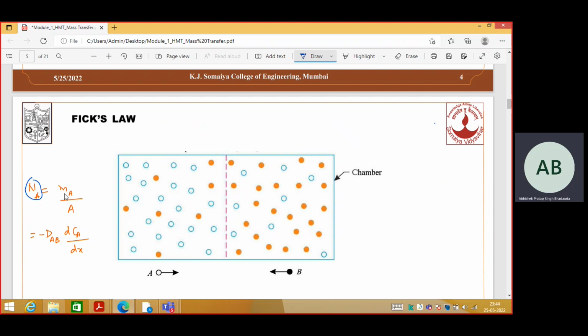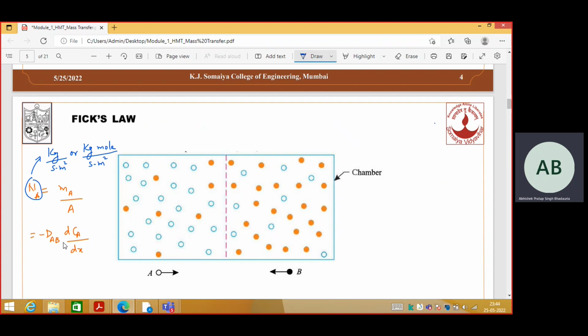Now D_AB represents the diffusion coefficient or the mass diffusivity.